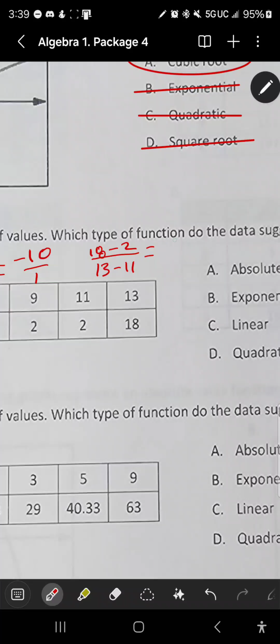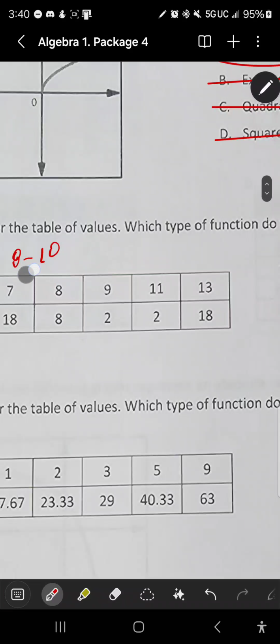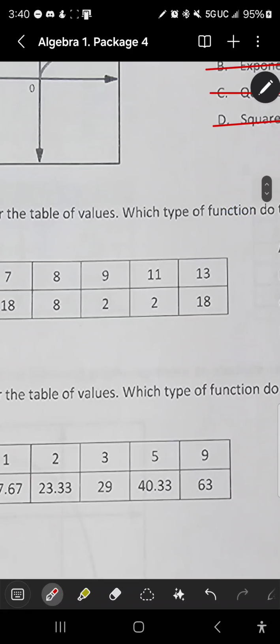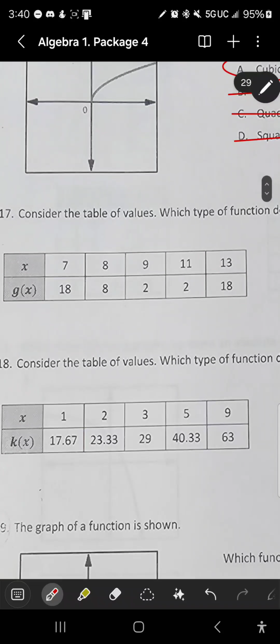If I do this, it will be 16 over 2, which is 8. Okay, I understand why. Never mind. This cannot explain what I was thinking of because we don't have the 12. I do know what it is, but we cannot explain it like that. So let's just graph it.